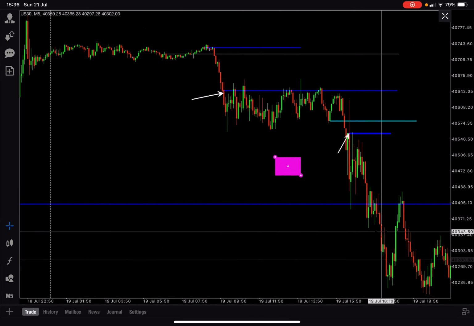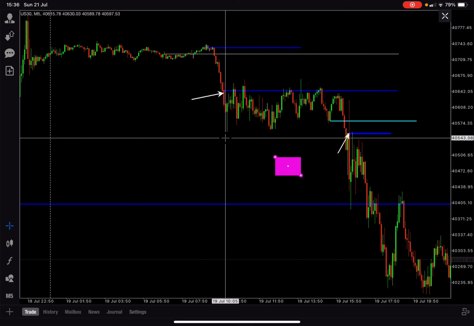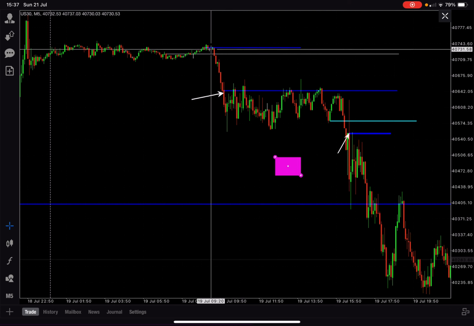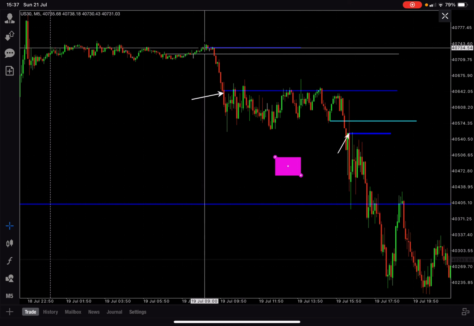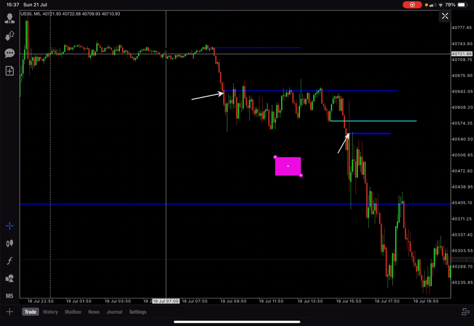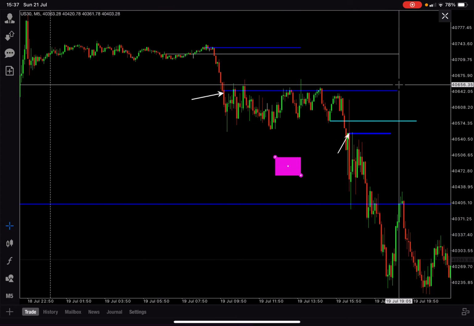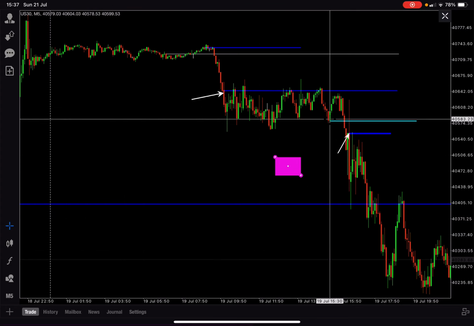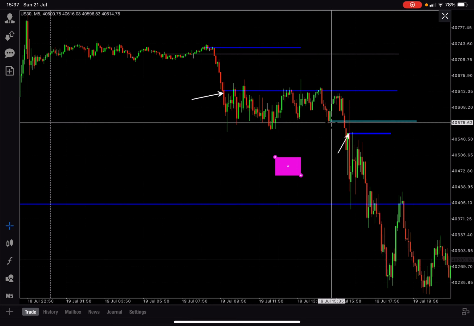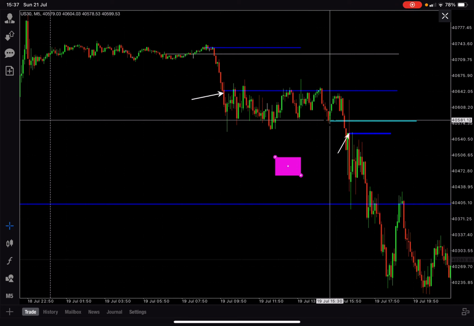So if you're new, quick overview: this is the London opening. This is the pre-London opening, Frankfurt opening, Germany. This is the midnight opening price of New York, which is the MOP, and that's the white line. Then we have the high volume New York session time, which is here in light blue, and that is when you normally get the high impact news being released.